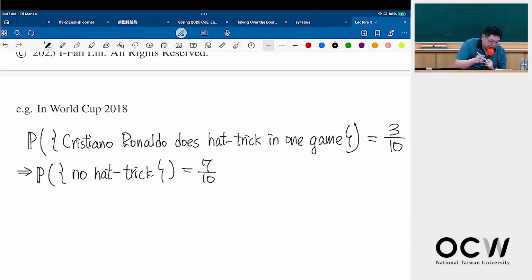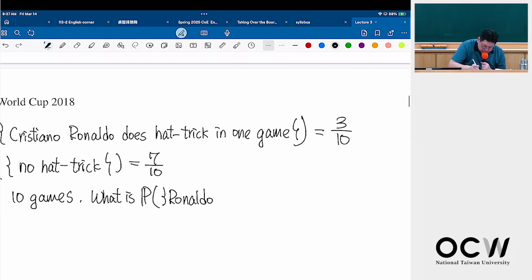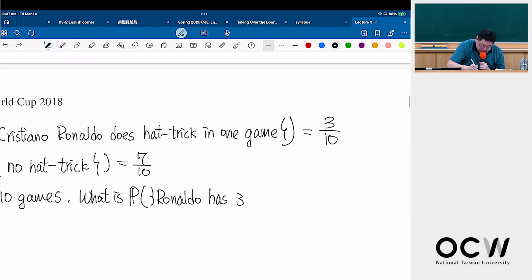And if we play 10 games, then what is the probability of Ronaldo having 3 hat tricks?